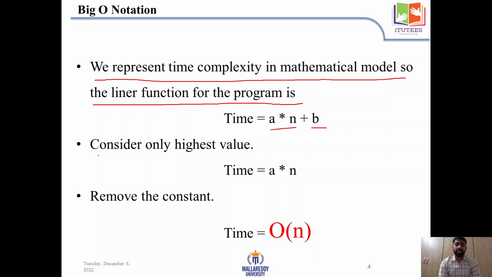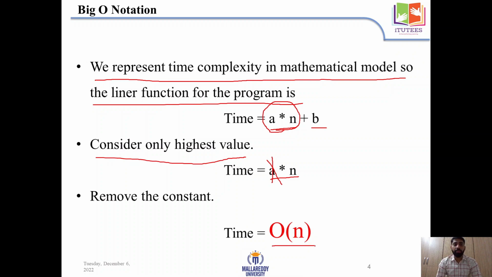Here we are going to consider only the highest value. In a times n plus b, the highest value is a times n. Now the time equals a times n. Now remove the constant here. The a value is the constant. So we represent the time of this program as big O of n.